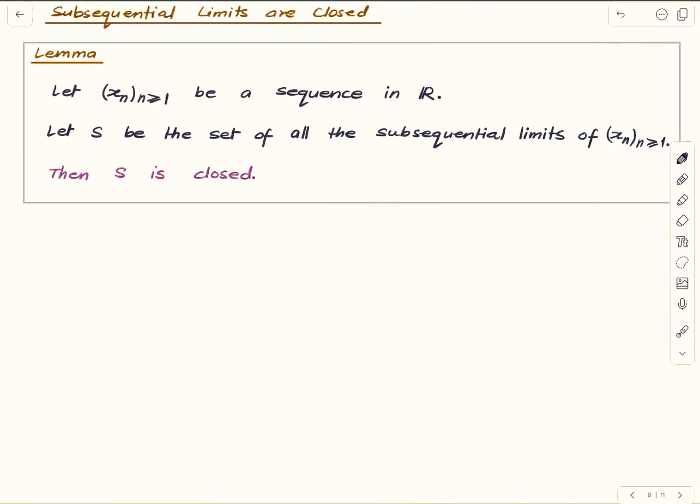So here is a nice example of closed sets. You pick any sequence in R, meaning a sequence of real numbers, and let S be all the subsequential limits. So just the set of all the real numbers that can be obtained as the limits of some subsequence of this sequence, then that set is a closed set.